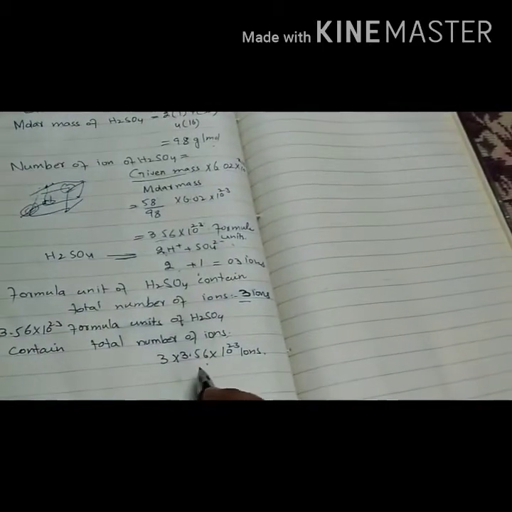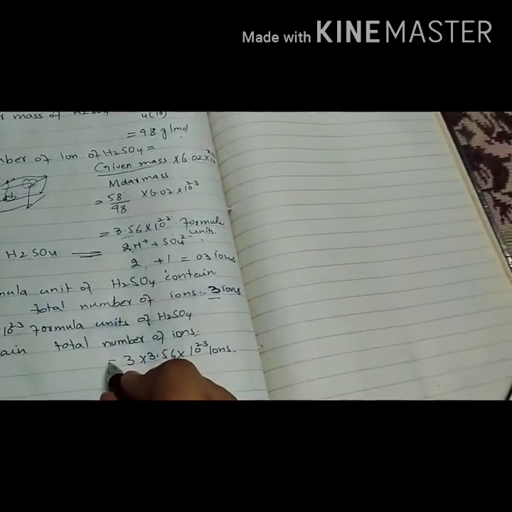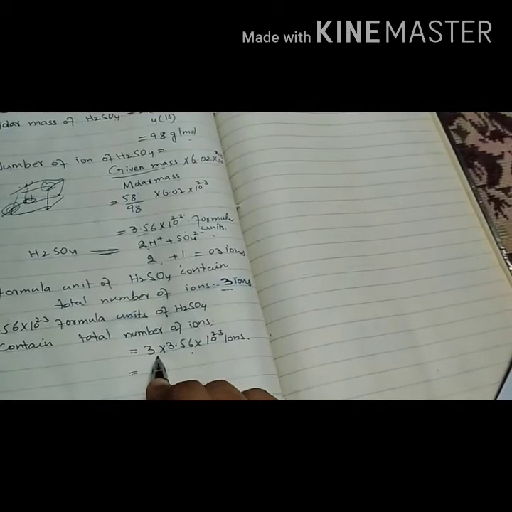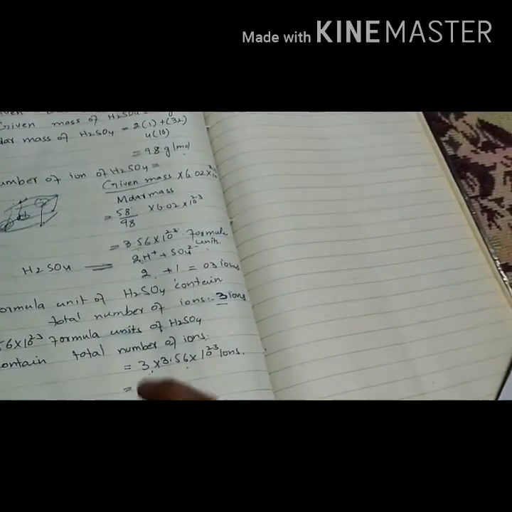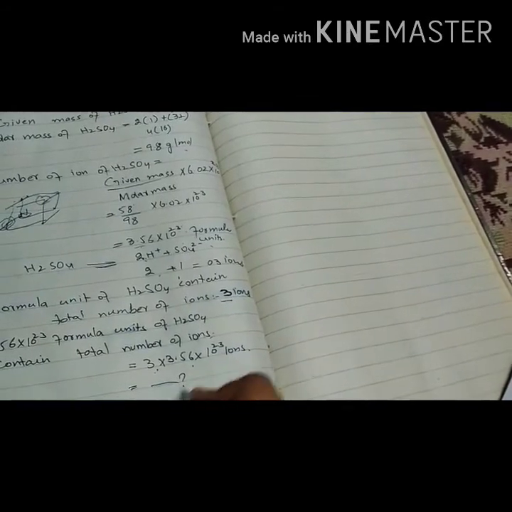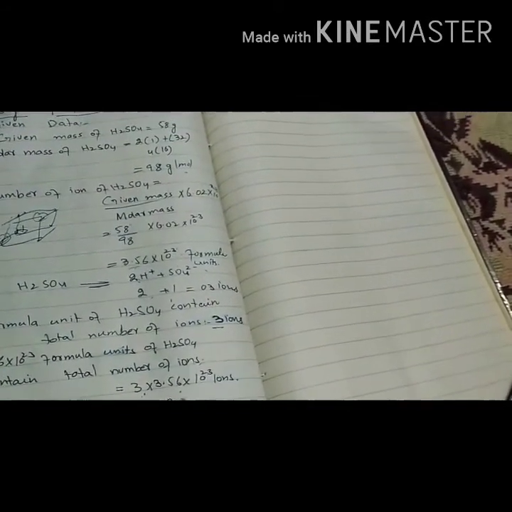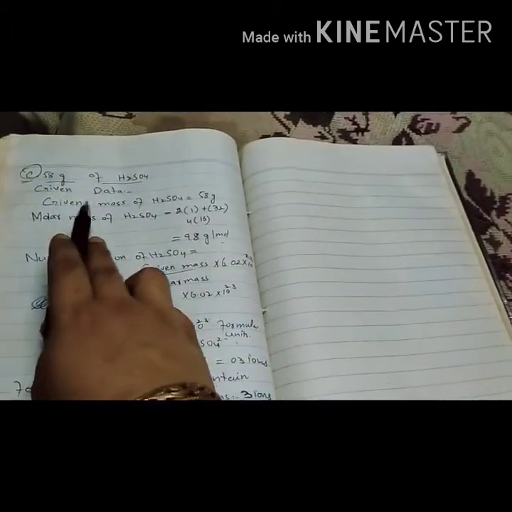So the total number of ions can be calculated by 3 into 3.56 10 raised 23 ions, and you can calculate and write here the answer of the number of ions of sulfuric acid in 30 gram of sulfuric acid.